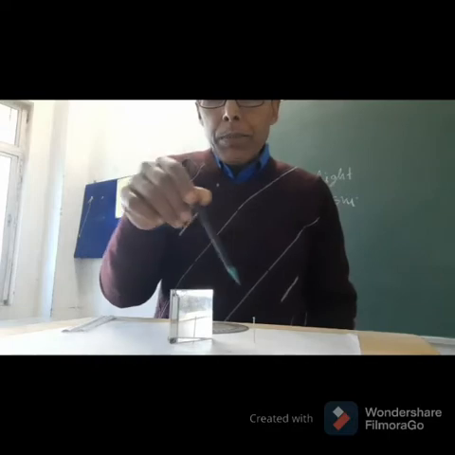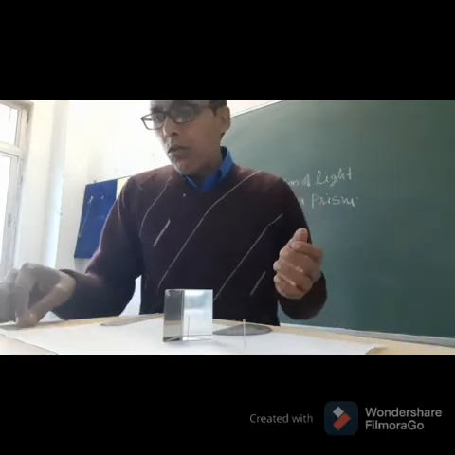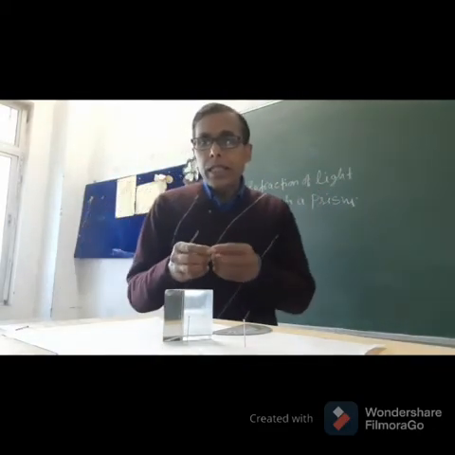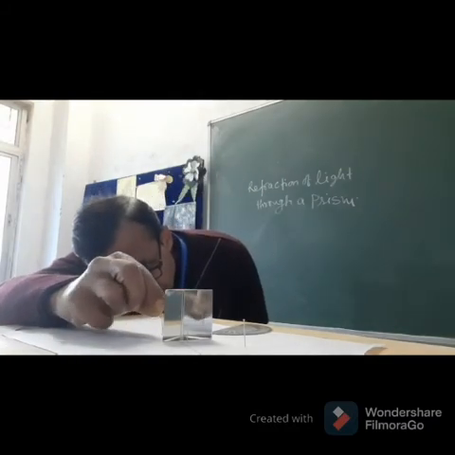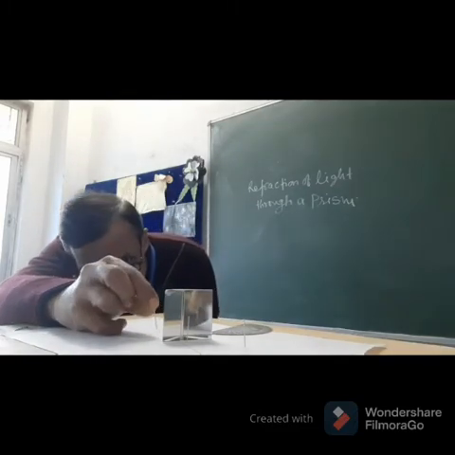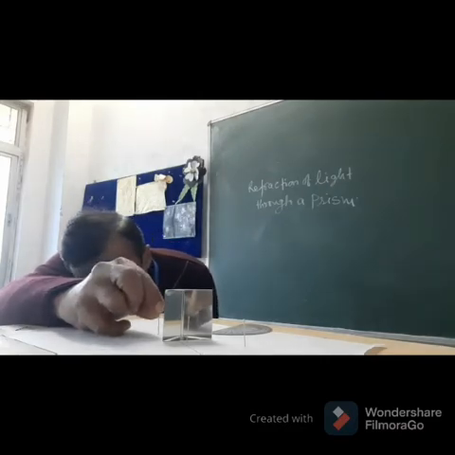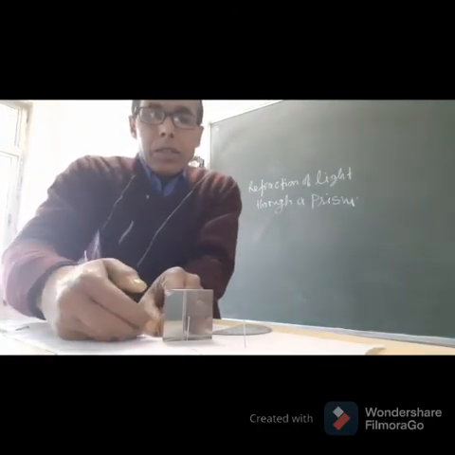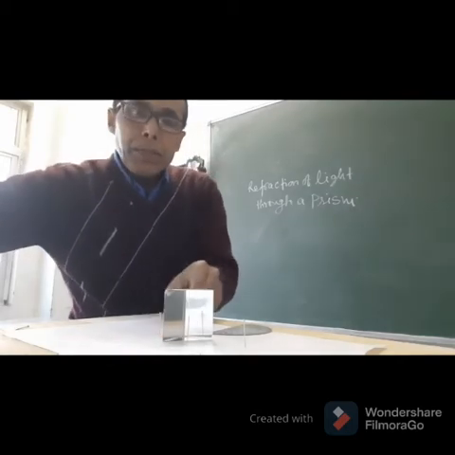So we have to see the image of these two pins from the second refracting surface and fix the third pin in such a way that the image of these two pins and the third pin lie in the same plane. This is the third pin.